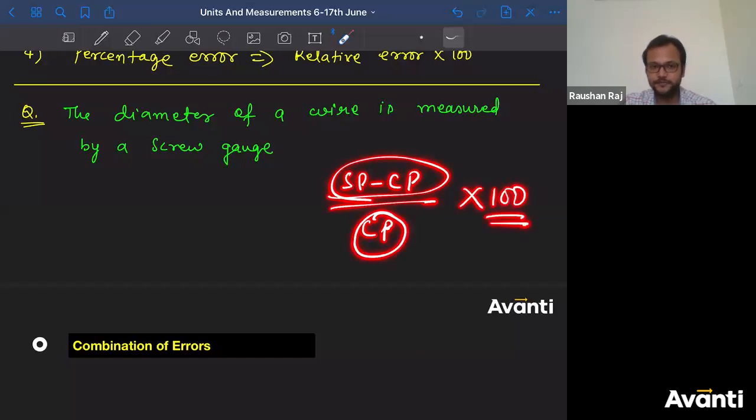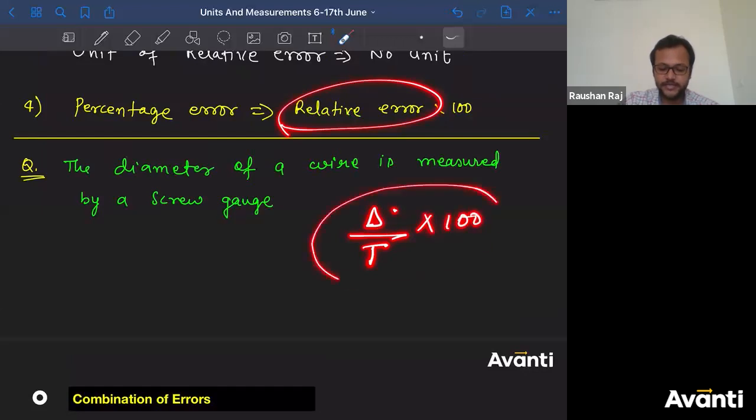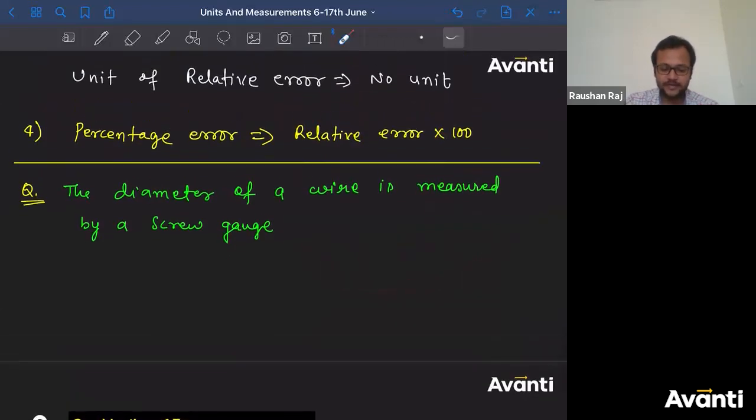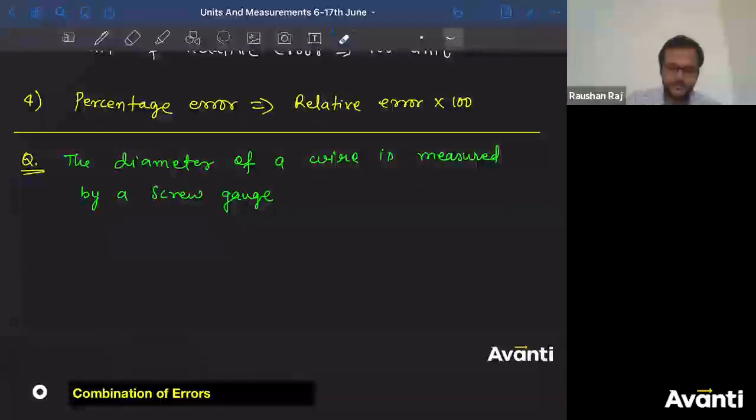That is the percentage. तो percentage error क्या है? Relative error is what? Absolute error, change in error divided by true value into 100. That is the percentage error. You have got a relative error as fraction. If you multiply that with the 100, you get the percentage. Percent मतलब per 100. That is the meaning of percent, right? समझ में आ रही बात? So relative error, sorry, percentage error is nothing but relative error into 100. That's it. You have to understand.